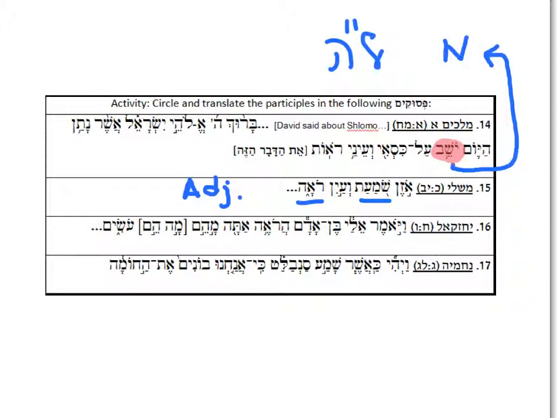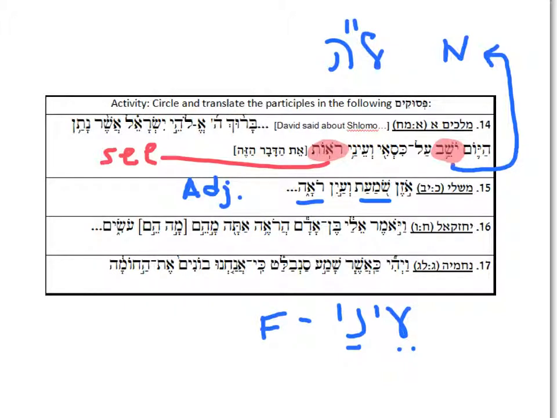Enai ro'ot. And my eyes, what are ro'ot? My eyes, so I have a speaker. And it's a verb because I don't see any of the clues that tell me it's a noun or adjective. And my eyes see this thing, atadavar hazeh, this thing. So notice enai, enayim are feminine because body parts that come in pairs are female.